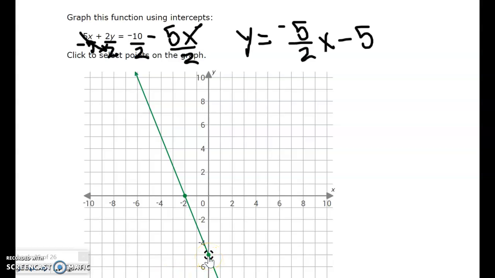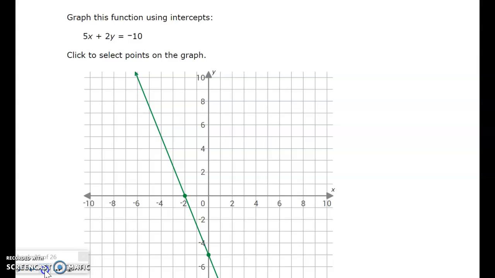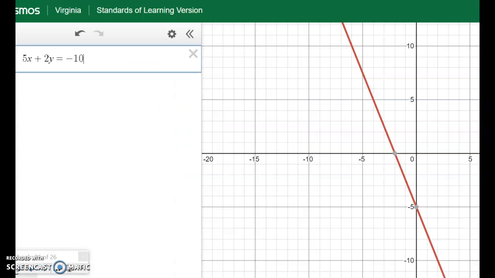Here's my y-intercept of negative 5, and I can see to get there from this point, I went down 5 and over 2. So there's my slope of negative 5/2. Or I can go over to Desmos, graph it, and then look for my two intercepts, or my intercept and the slope, to then graph it on IXL.